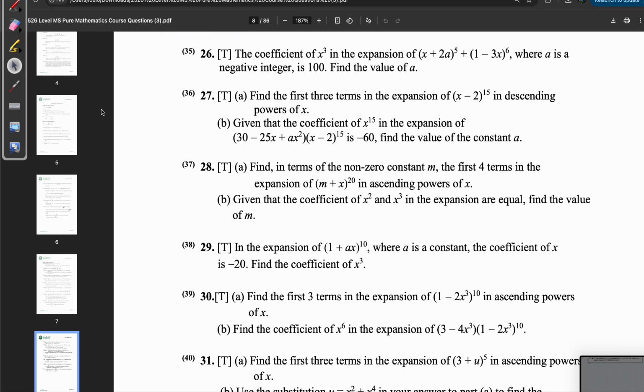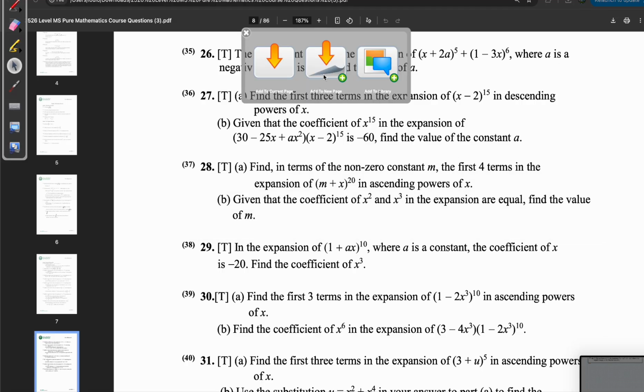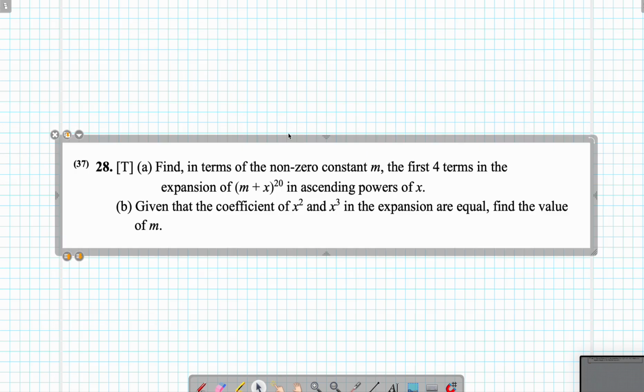Number 28. Find in terms of the non-zero constant m the first 4 terms in the expansion of m plus x to the 20 in ascending powers of x.